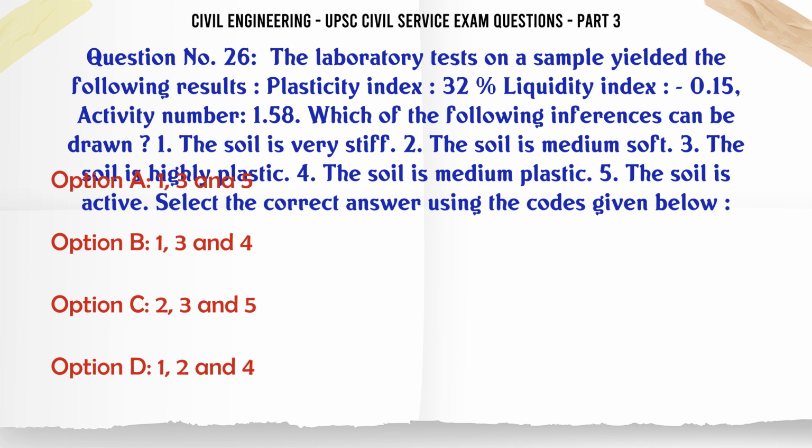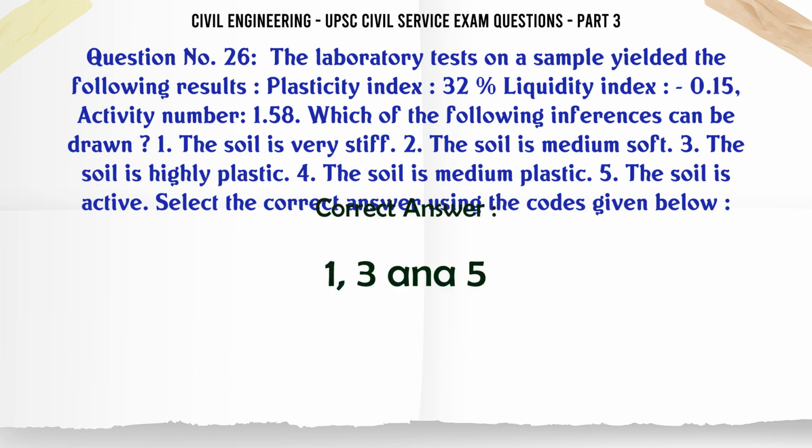The soil is medium plastic. 5. The soil is active. Select the correct answer using the codes given below. A, 1, 3 and 5; B, 1, 3 and 4; C, 2, 3 and 5; D, 1, 2 and 4. The correct answer is 1, 3 and 5.